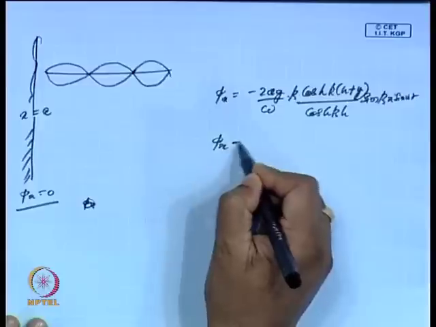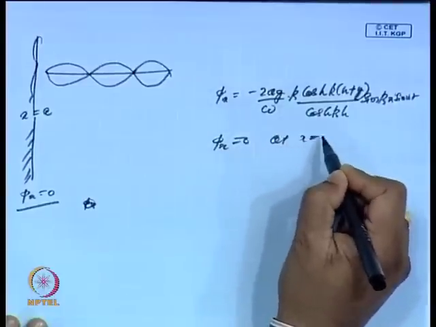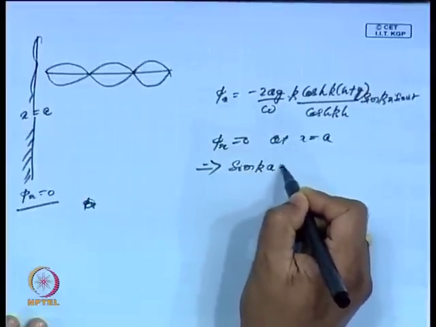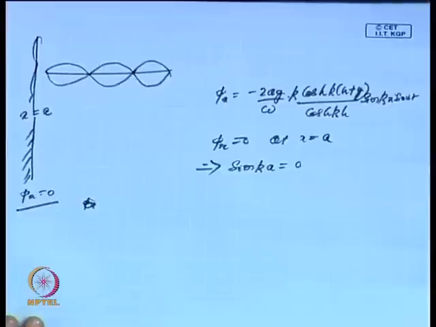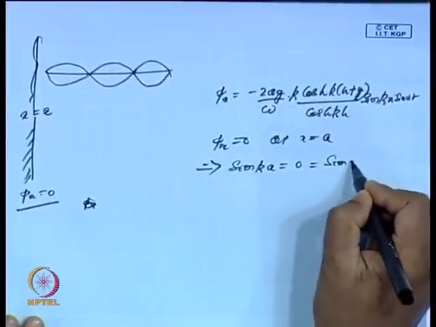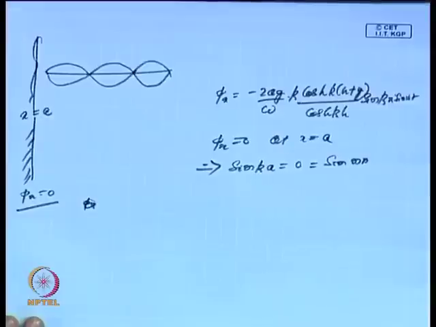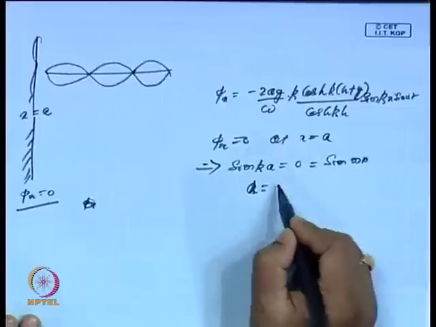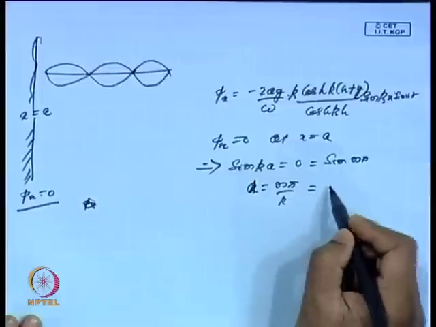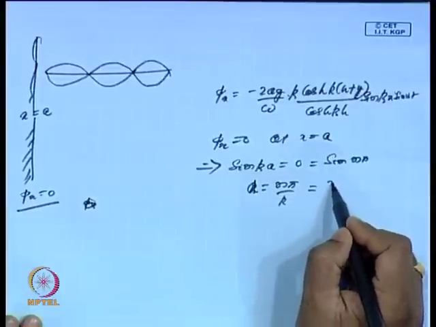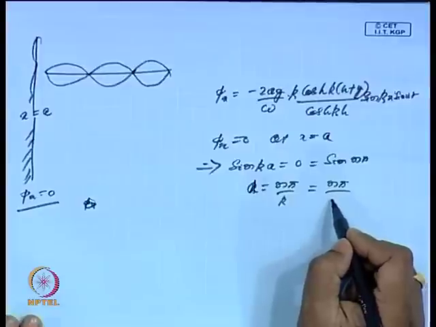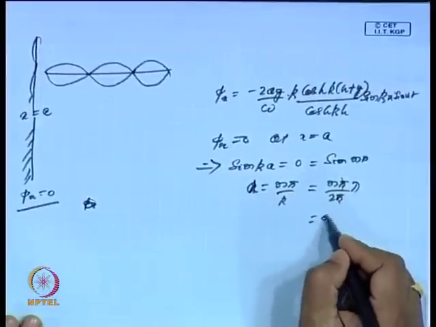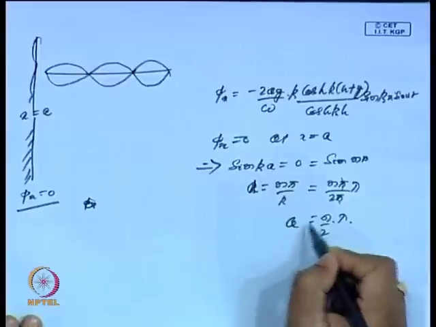If phi x is 0 at x equal to a, it implies sin ka is 0, and when sin ka is 0, this is nothing but sin n pi, that means ka equals n pi, or a equals n pi by k, and k is nothing but 2 pi by lambda. So n pi by k is n pi by 2 pi by lambda, and pi gets cancelled, n by 2 into lambda. So, this is my a.